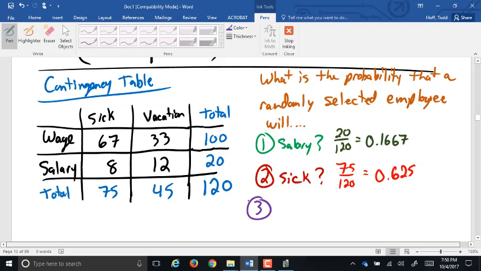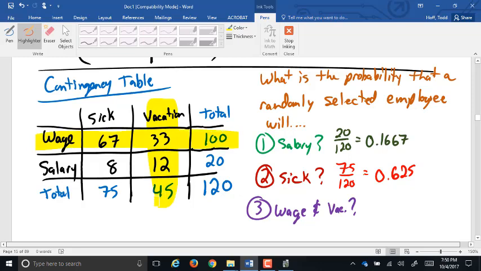What is the probability that a randomly selected employee is on wage and uses their time for vacation? So now, here's the ones that are on wage. Here's the ones that use their time for vacation.